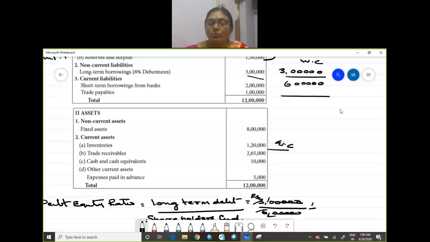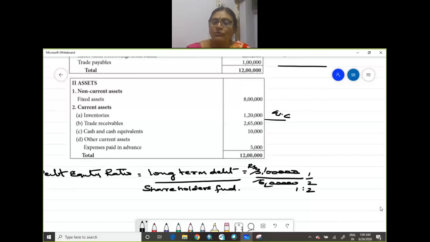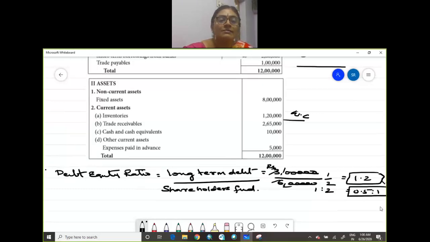So 1 by 2, which is 1:2. That is your debt equity ratio. Further you can simplify it to 0.5:1. Always simplify, as you use marks.